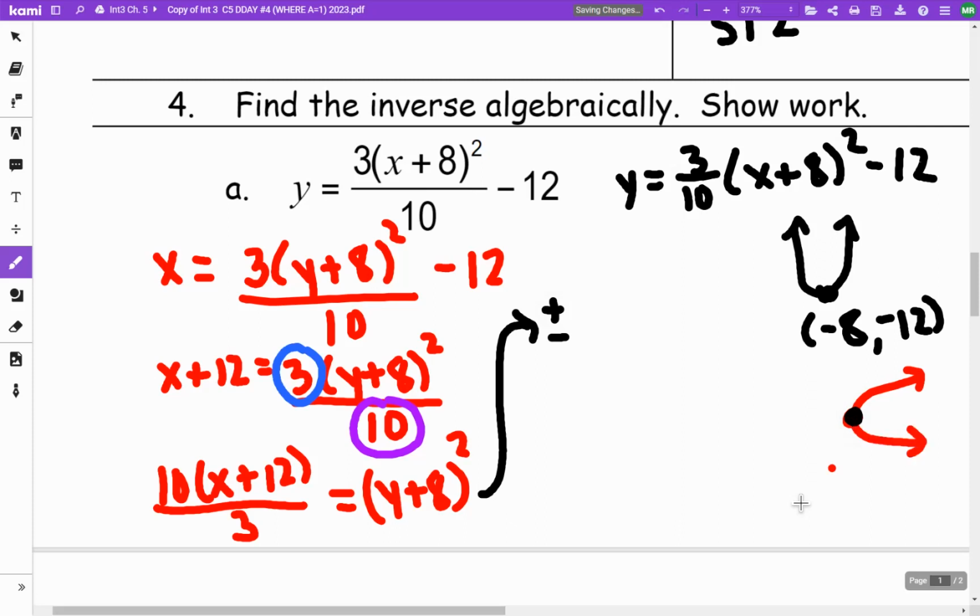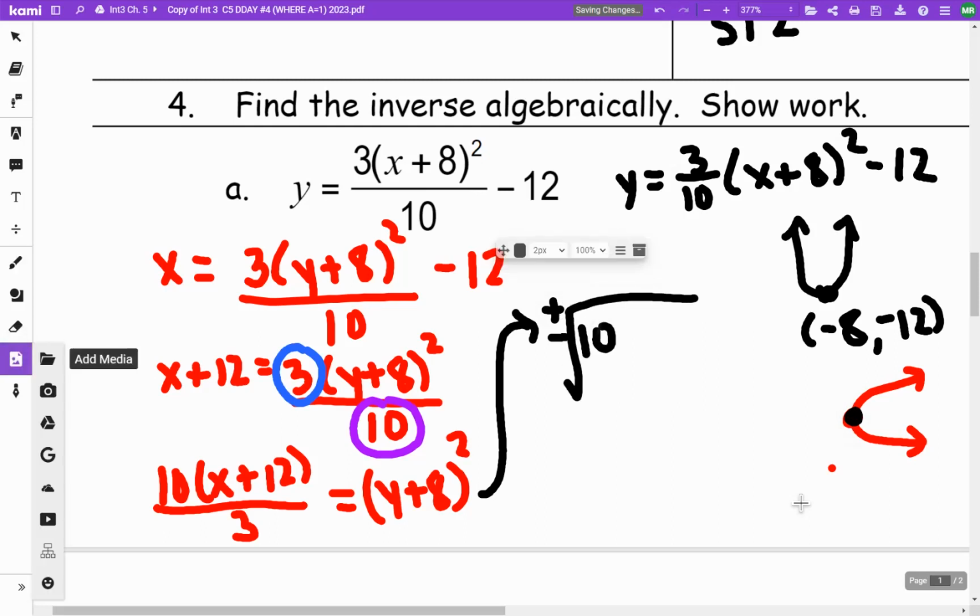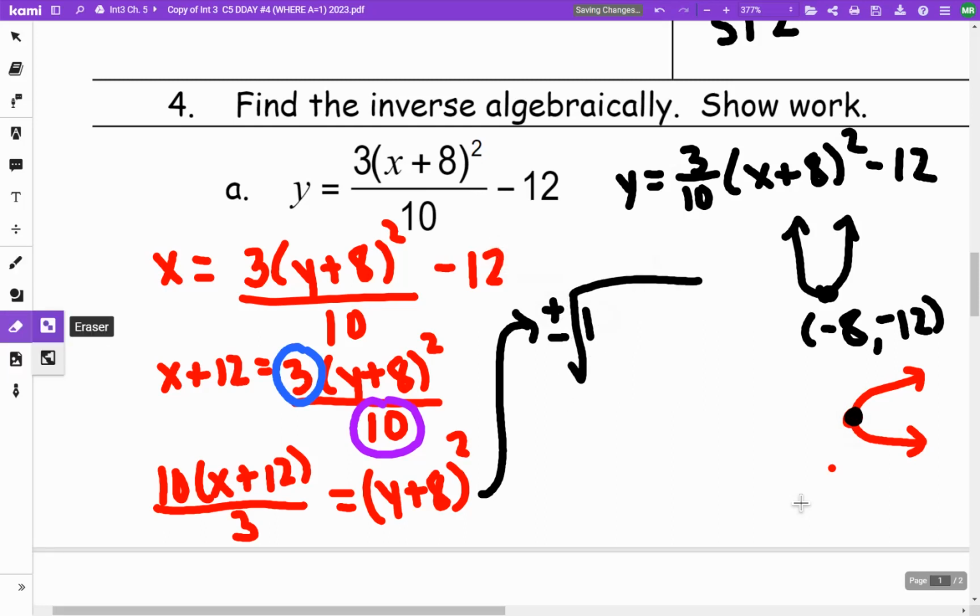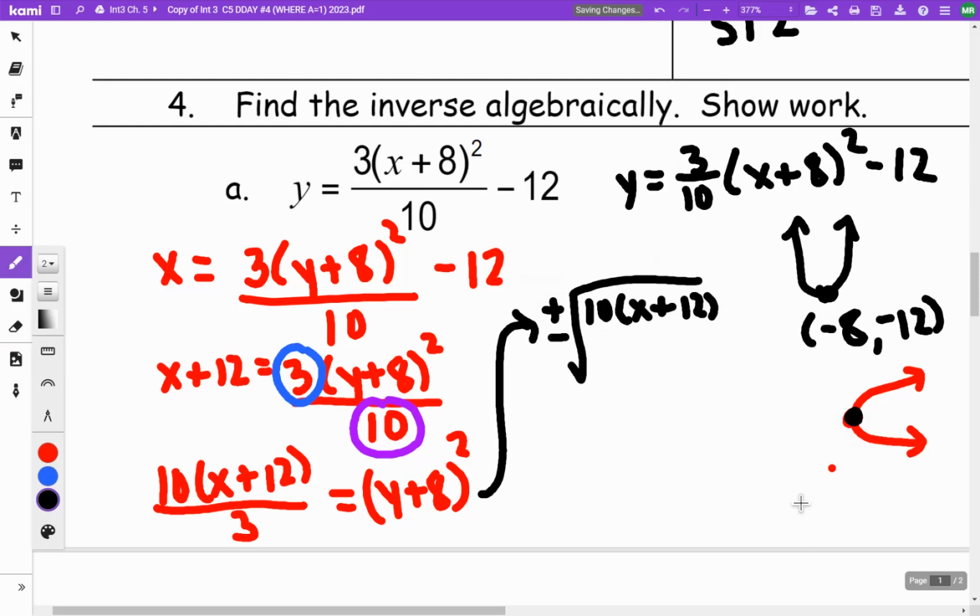Otherwise, I'd only be getting the top part. So plus or minus the square root of, and the whole fraction needs to be underneath it. The 10 times the x plus 12 all over 3 is going to be underneath that.